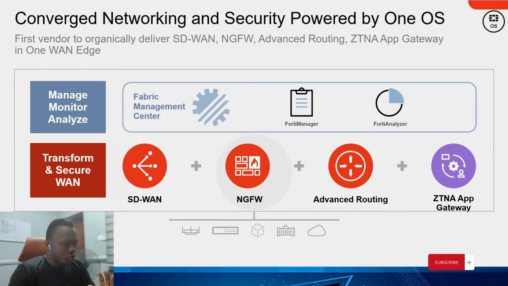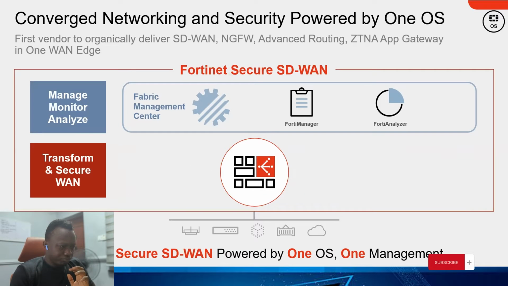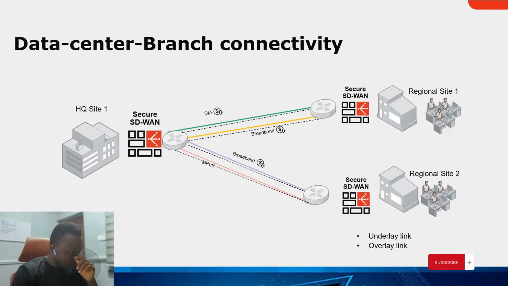The first use case we are going to look at is the data center branch connectivity. The data center branch connectivity talks about a customer or an enterprise with many branches or many sites, and those branches want to access resources at the data center or resources at the head office.